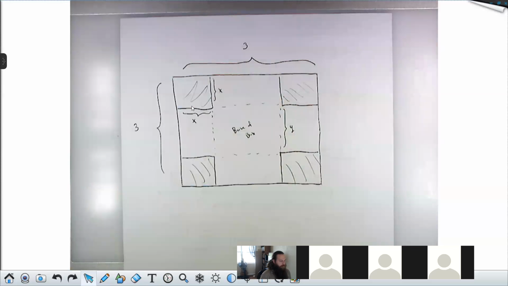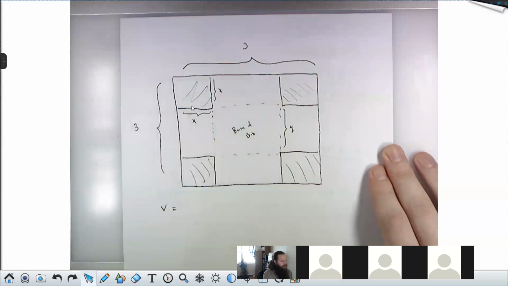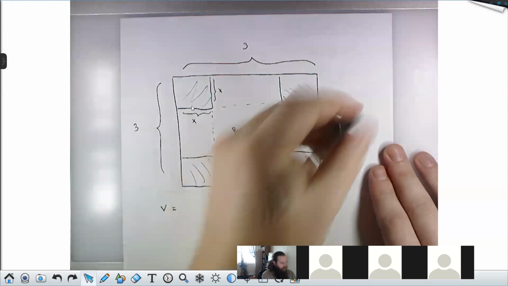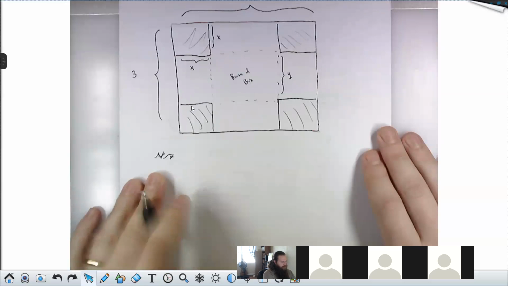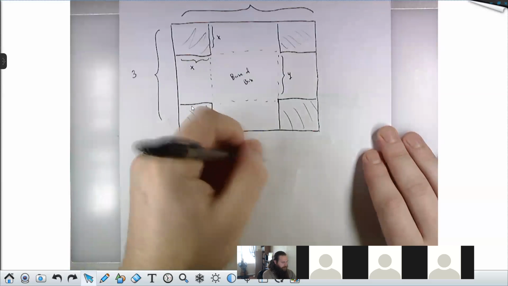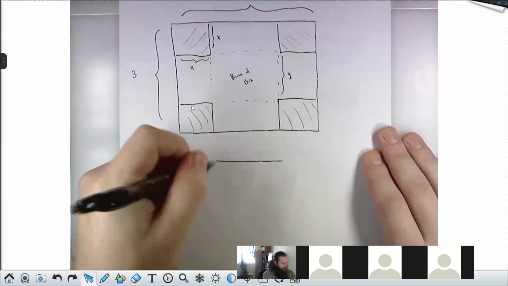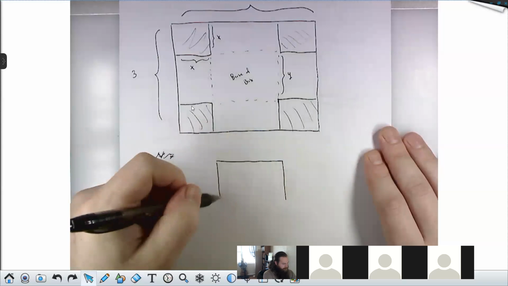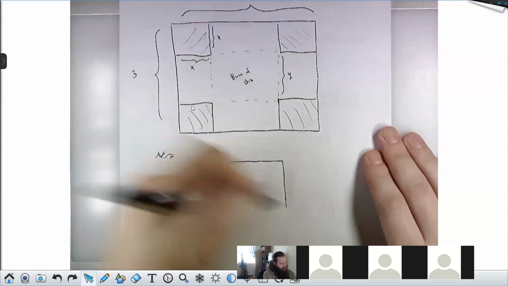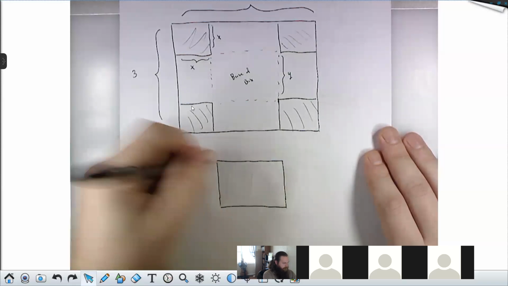So then they ask for a few things. What is the volume? Well, if you can picture this box after it's been folded up, I'll try to draw that here. After I fold up this box, it's going to look like this, right?